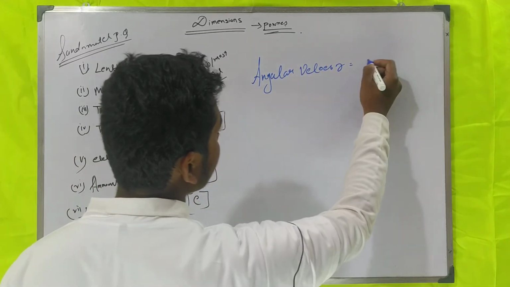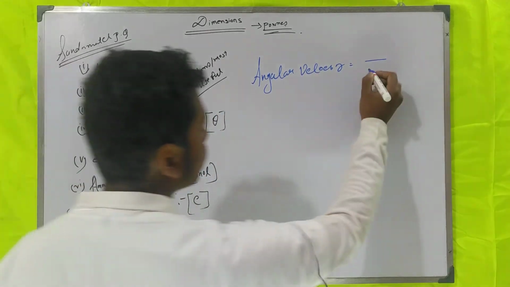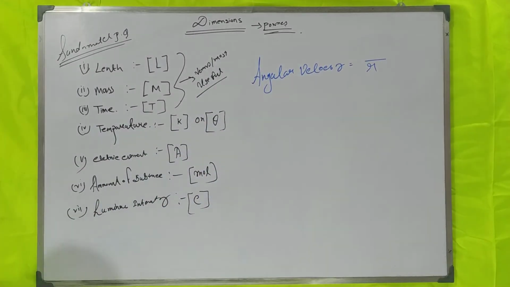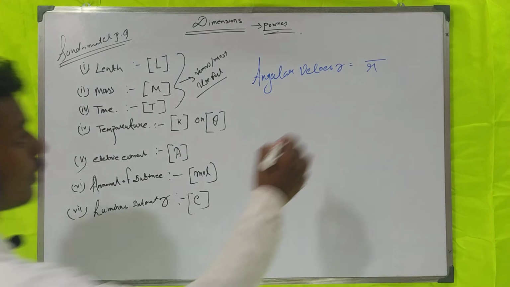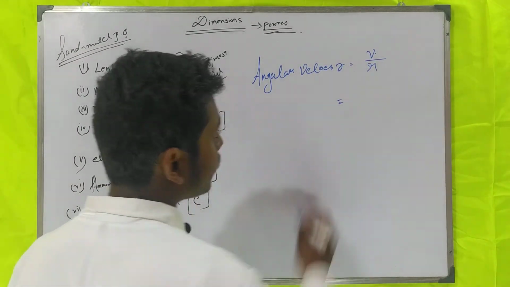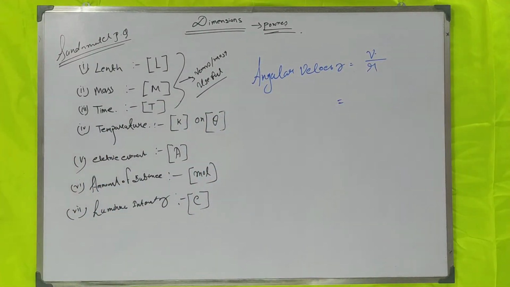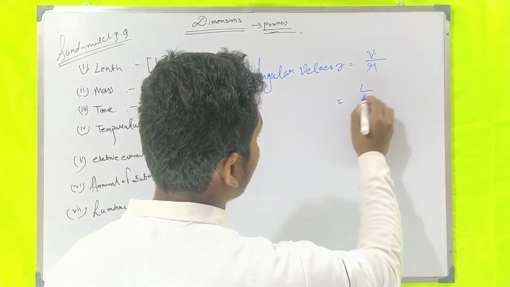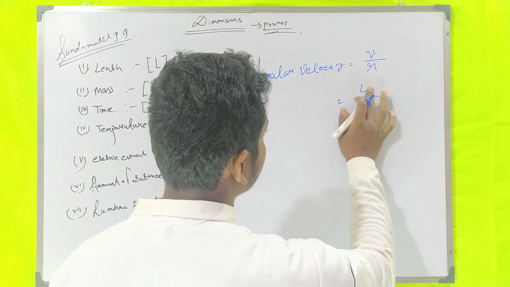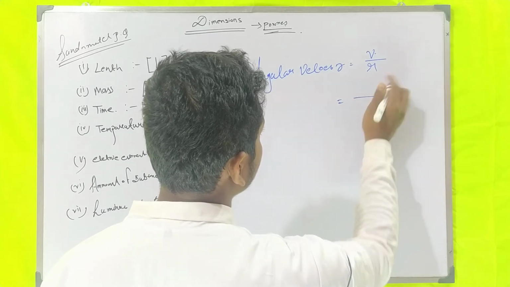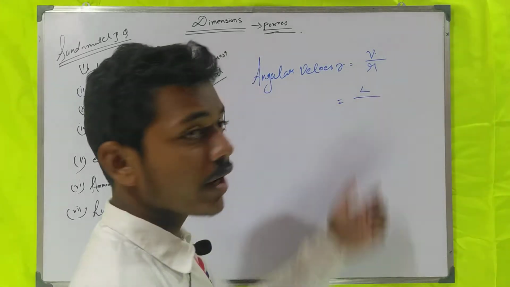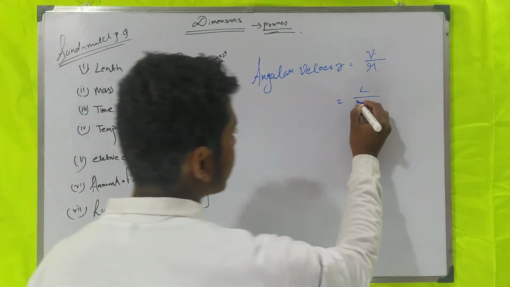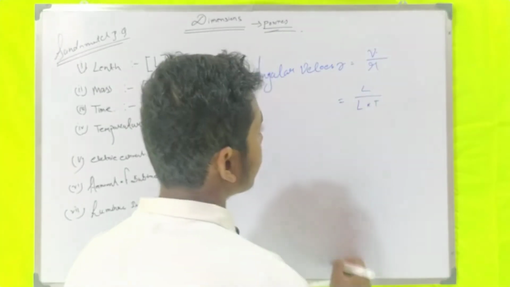What is the angular velocity? The formula of angular velocity is velocity by radius, means L by t divided by radius, means L into t, because of velocity.